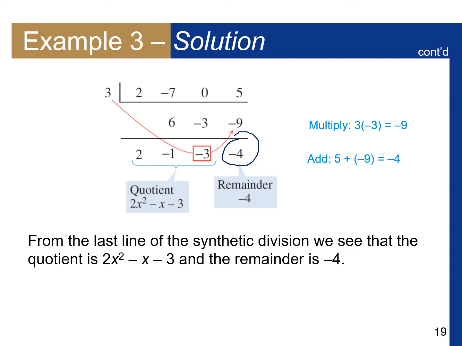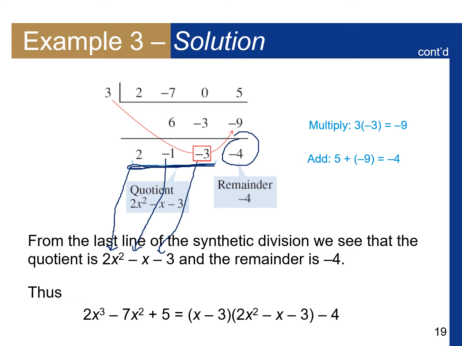This part of the problem, I'm going to use as my coefficients for my quotient. So there's my 2, there's the -1 because I have negative x, and there's -3. So that's the same one we did before. I explained it to you on a previous slide, and they wanted to explain it to you again, so that's good.